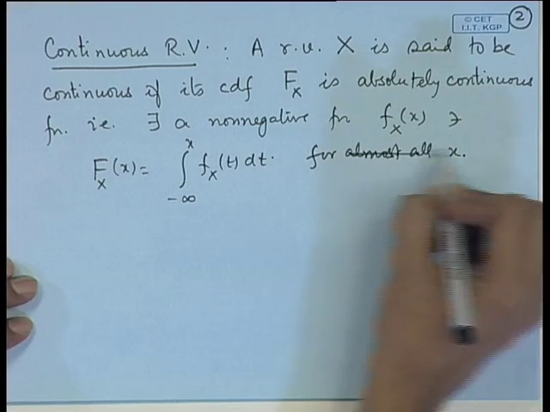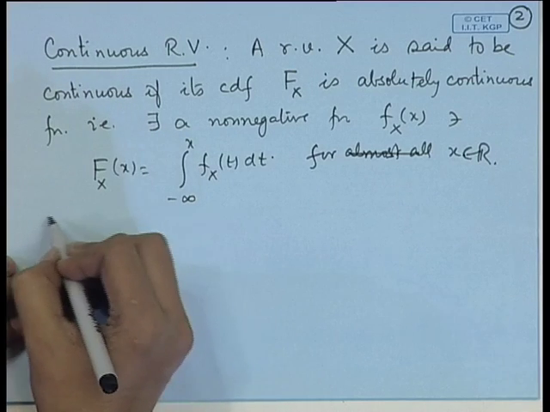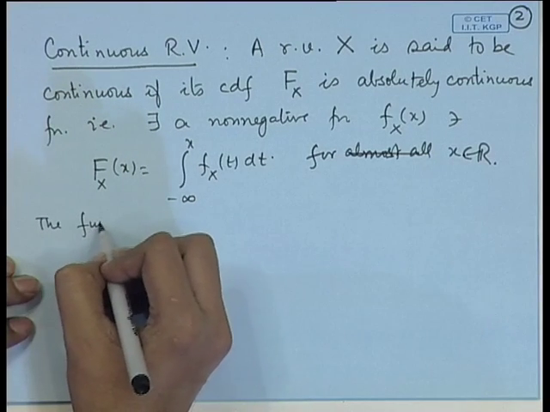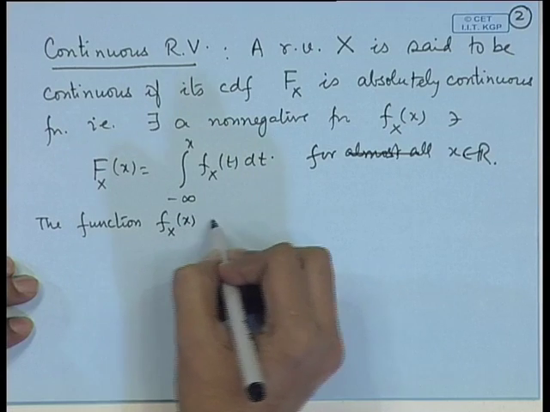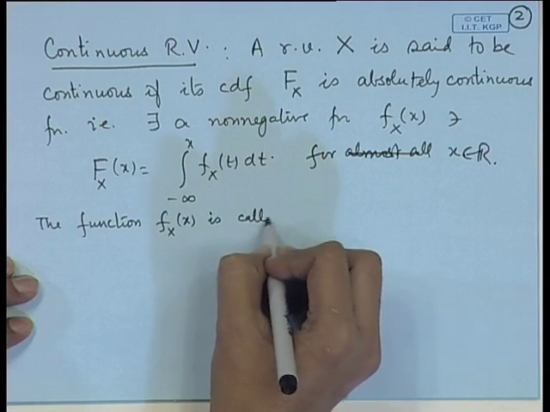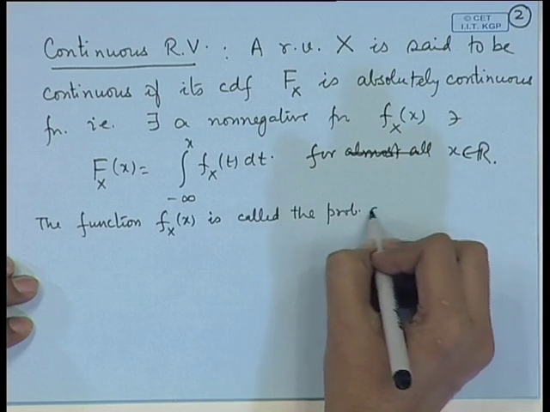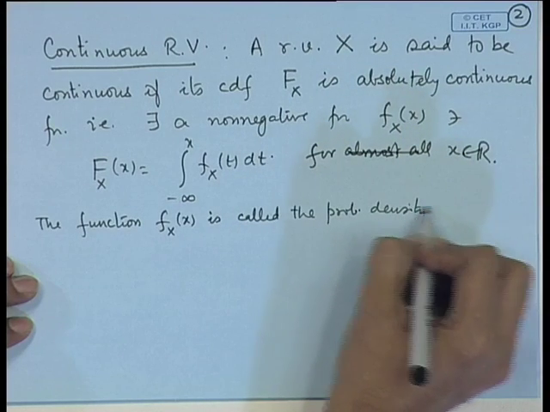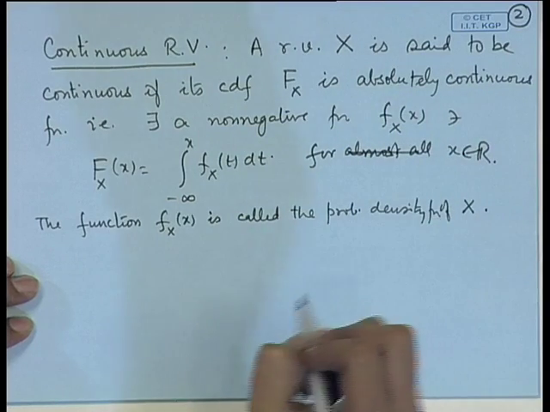Basically, it should be for all x belonging to R. The function f(x) is called the probability density function of X, or PDF.